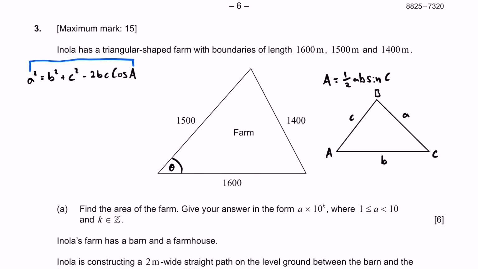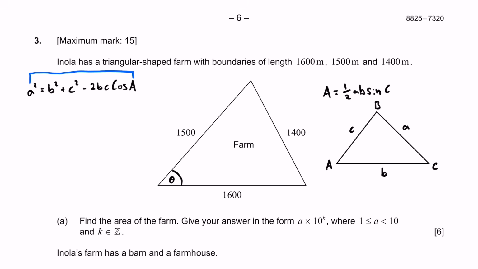Okay, let's go ahead and substitute into this equation here, and I think we should be good. Okay, so a squared. A squared we want to keep opposite to the angle that we want to find. So for a squared, we're going to write 1400. So 1400 squared equals b squared plus c squared. 1500 squared plus 1600 squared minus 2 times 1500 times 1600.